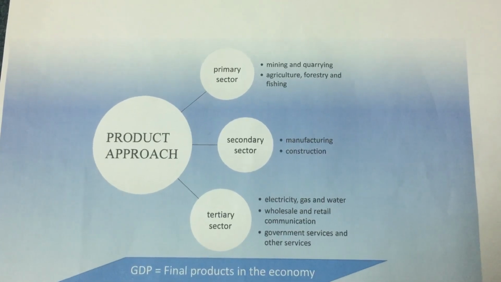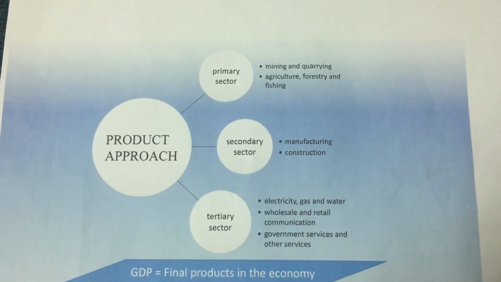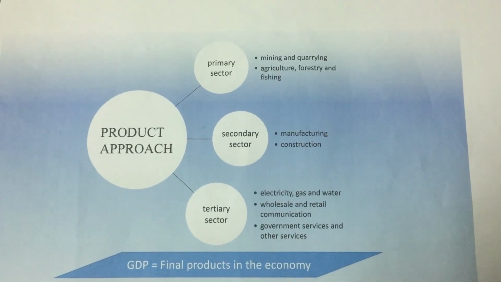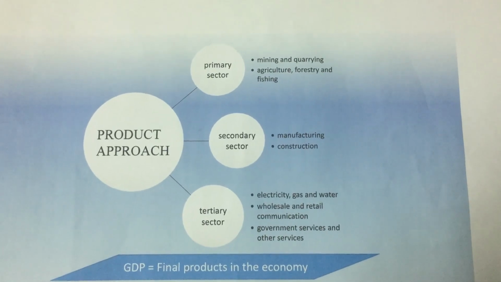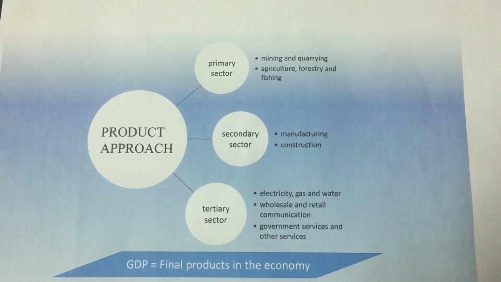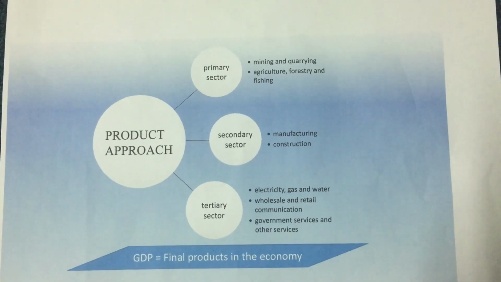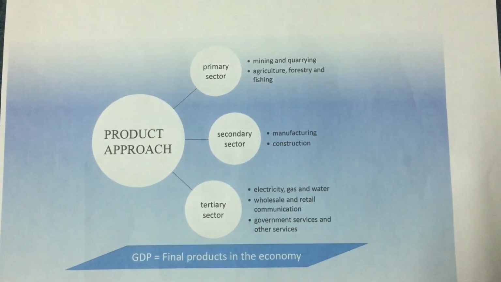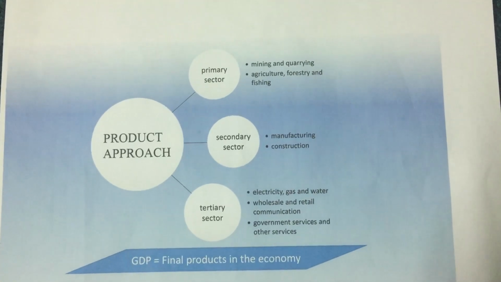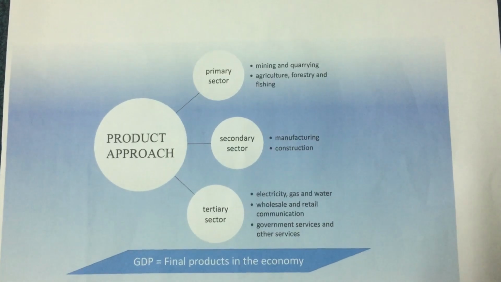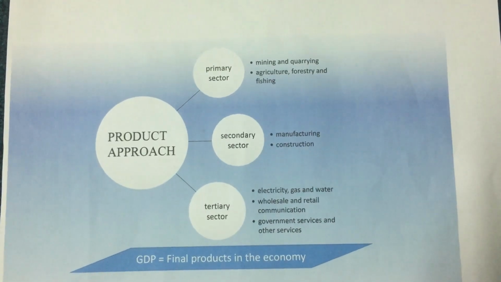The tertiary sector comprises electricity, gas and water, wholesale and retail trade, finance, insurance, real estate and business services, transport, storage and communication, government services and other services. Final products from all these sectors are added up to obtain gross domestic product (GDP) under the product approach or the value-added approach. This is the formula of the product approach.